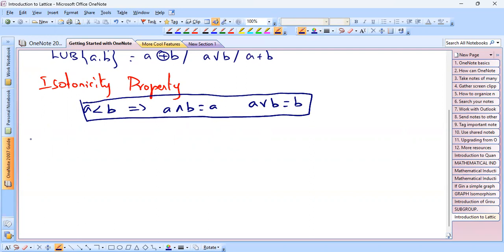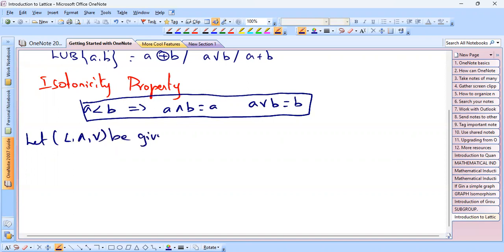The statement for the isotonicity property is: let L be a given lattice.